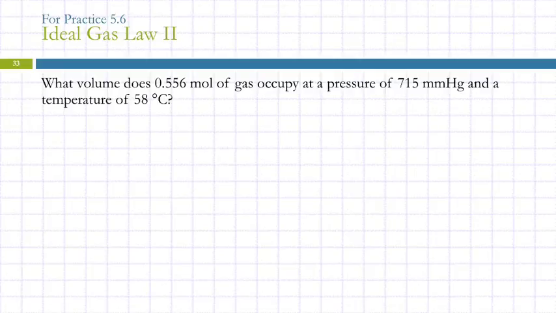Let's do another one. What volume does 0.556 moles of gas occupy at a pressure of 715 millimeters of mercury and a temperature of 58 degrees Celsius? I have n, I have P, I have T. They're asking for V. There's nothing changing. This is ideal gas law.